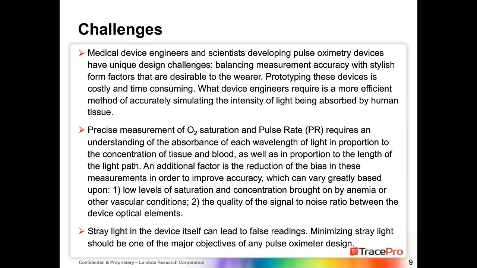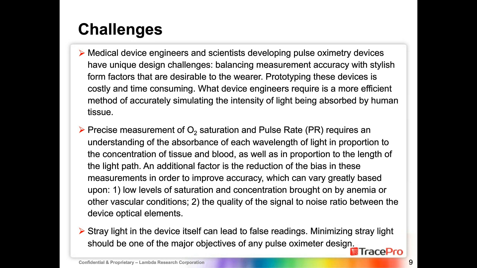So pretty much the precise measurement of O2 saturation and pulse rate requires an understanding of the basics of pulse oximetry, which are absorbance of each wavelength of light in proportion to the concentration of tissue and blood, as well as the proportion to the length of the light path.